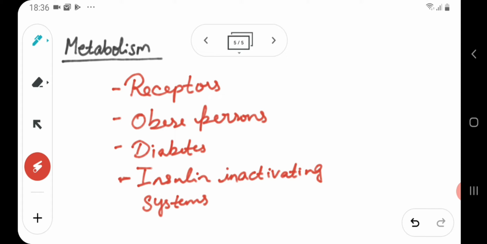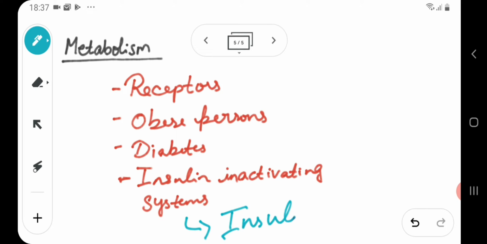This is one of the major reasons for insulin resistance among them. The third thing is diabetes. Diabetes is also a reason for impaired insulin binding, and there are 3 insulin inactivating systems. Collectively, they are known as insulinases.